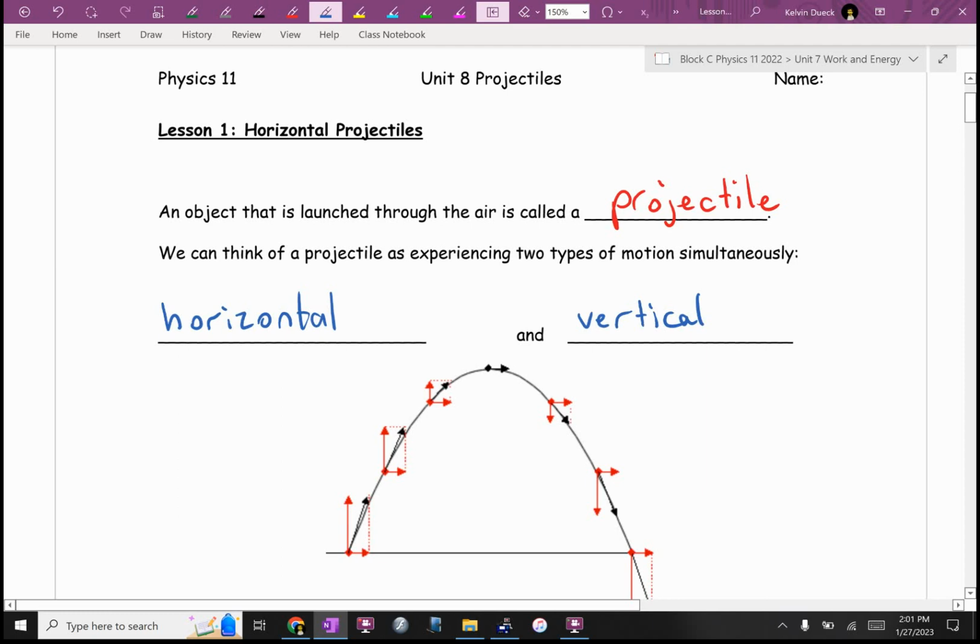I am not writing those 2 words down again. I'm going to abbreviate. You might think that H and V would be good letters to use for horizontal and vertical. They're terrible because V is already taken by velocity, which will show up in the equations we'll be using here, and H is height, which probably is going to show up in what we're doing here.